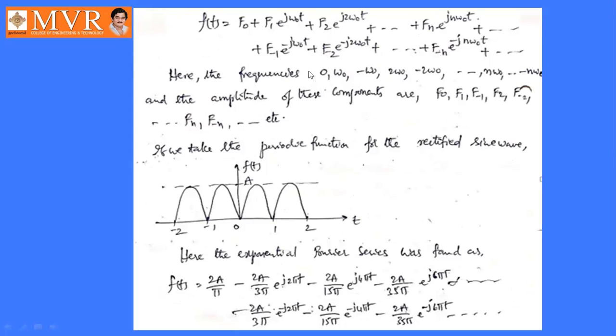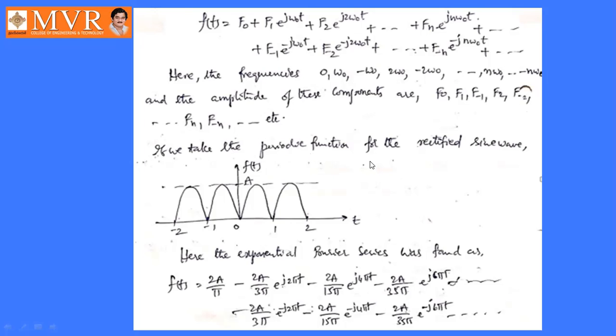Here the frequencies are 0, omega naught, minus omega naught, 2 omega naught, minus 2 omega naught, up to n omega naught, minus n omega naught, and the amplitudes of these components are f naught, f1, f minus 1, f2, f minus 2, fn, f minus n, etc.